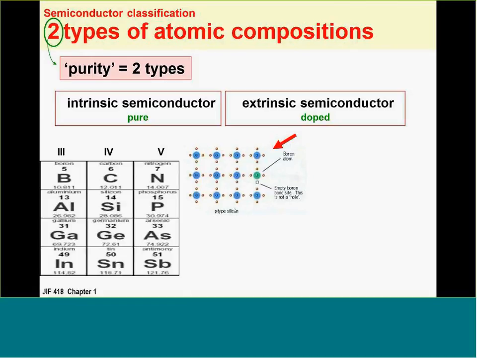So this is like introducing a defect into your material, but the defect is not defective, like I said just now. It's beneficial as it increases the conductivity of your semiconductor material.